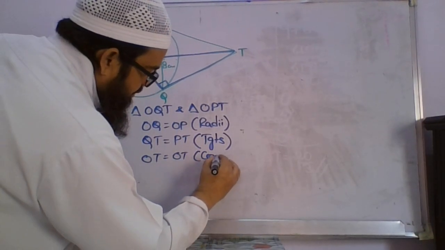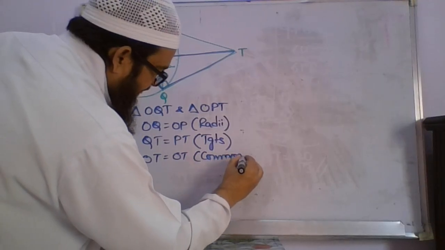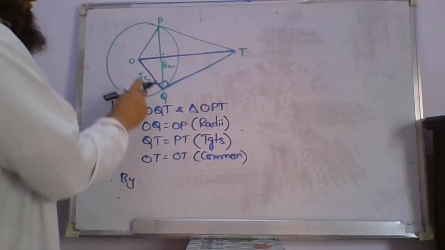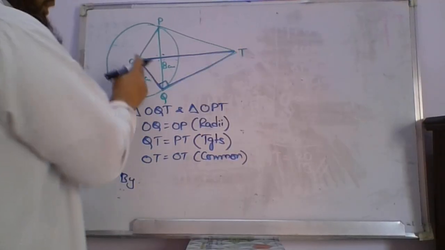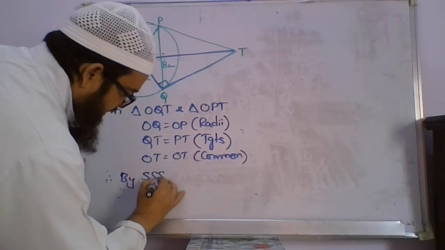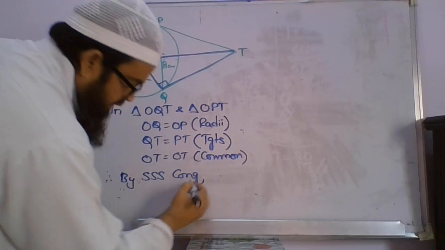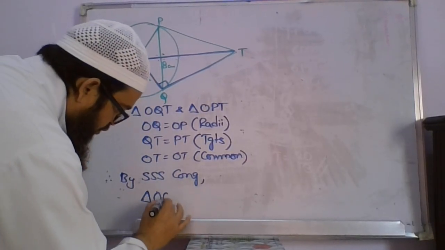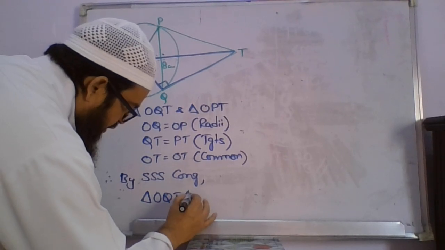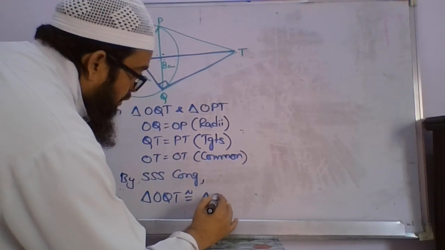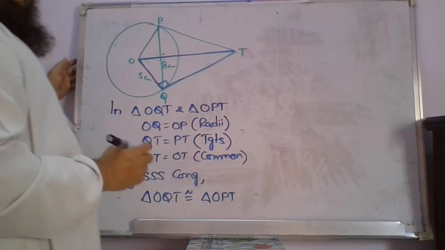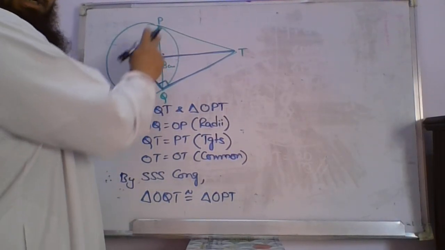So therefore, by SSS congruency, I am writing in shortcut, SSS congruency, triangle OQT is congruent to triangle OPT. Am I right?